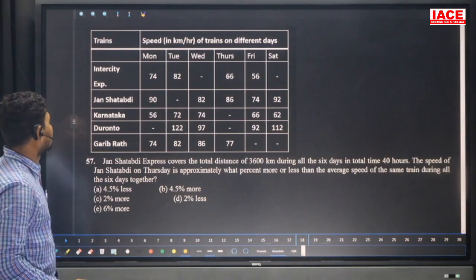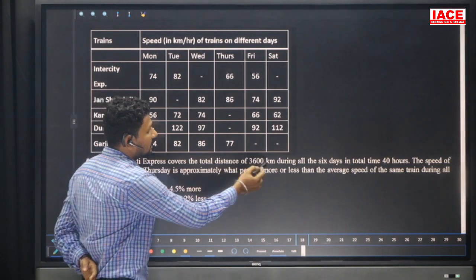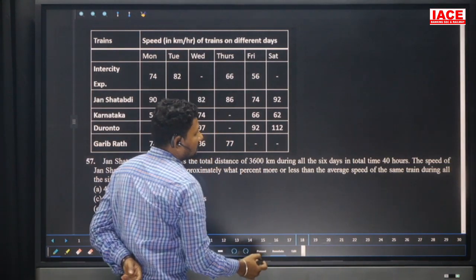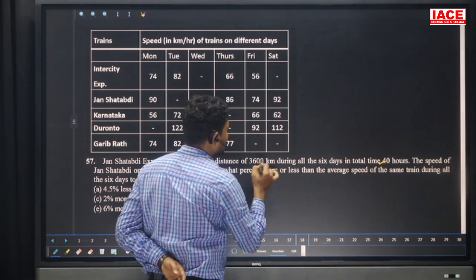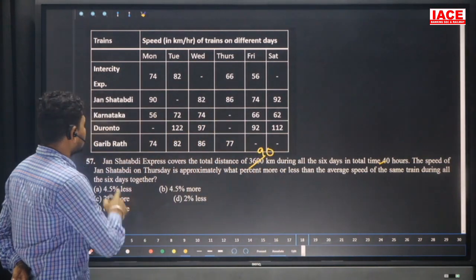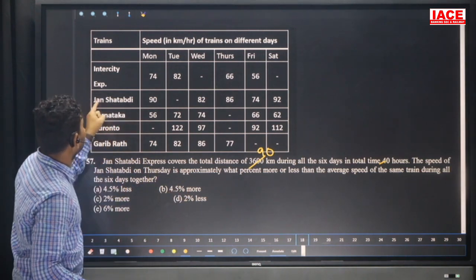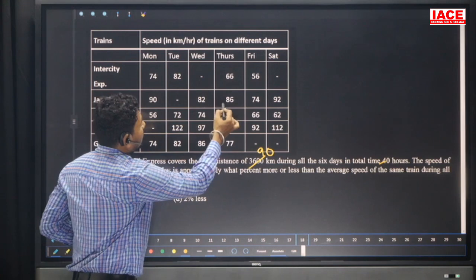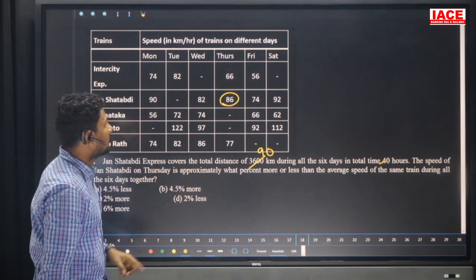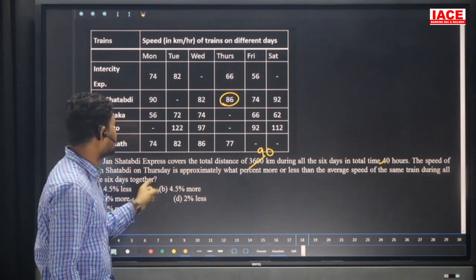Here, Jan Shatabdi Express covers the total distance 3600 kilometers in 40 hours, which means the speed is 90 kmph. The speed of the Jan Shatabdi Express on Thursday is 86, approximately what percentage more or less than the average speed of the same train during all the 6 days together?